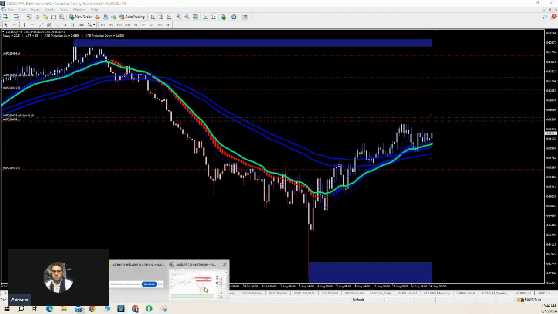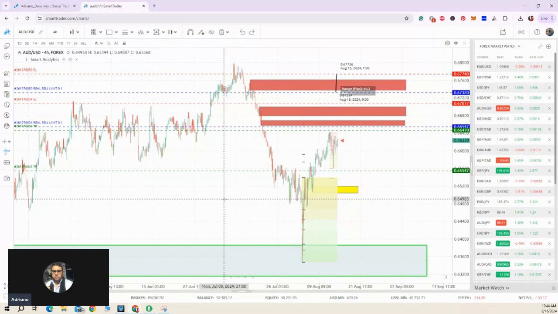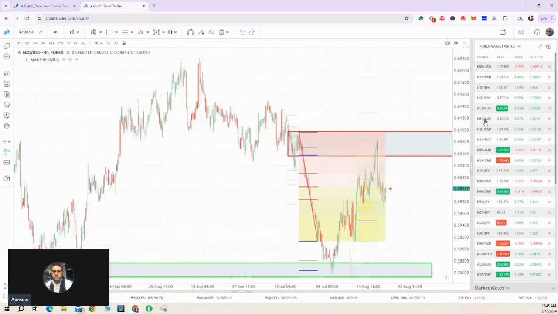So this software sends the trade to the trade copier on another account, and then this account sends the trade to Darwin X and to the other accounts that I trade. So that is that. Let's pass on.